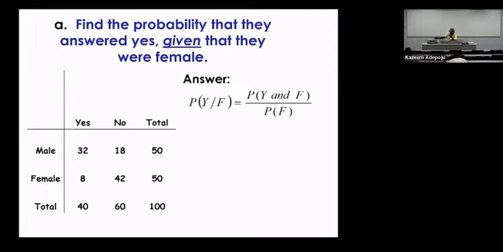Maybe for male, I'm going to use M, and for female, I'm going to use F. But let me tell you, it doesn't matter. If you don't want to use that, you can use another letter. That's no problem. You will not be penalized for that. Now, when you take a look at the statement, find the probability that they answered yes, given they were female.